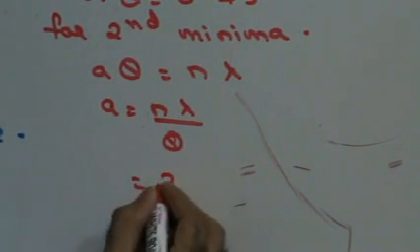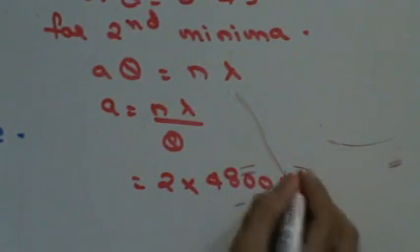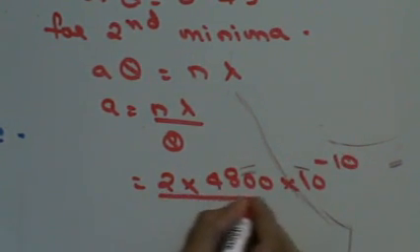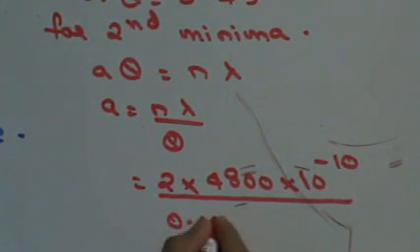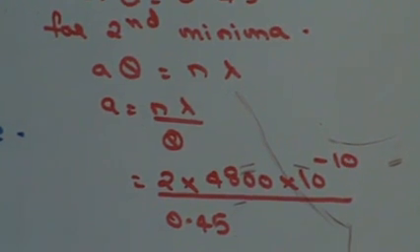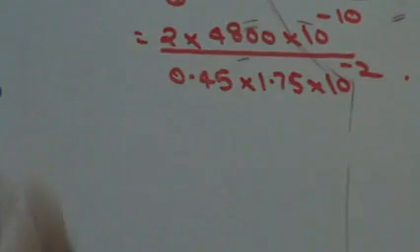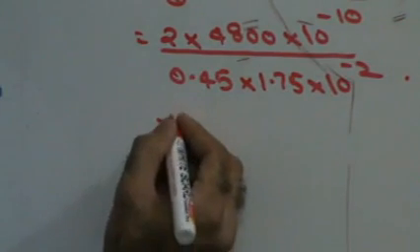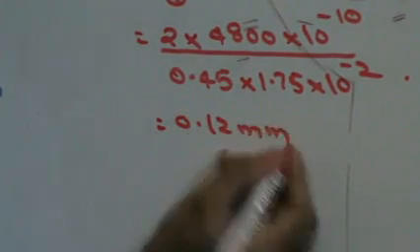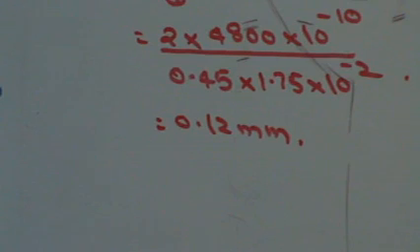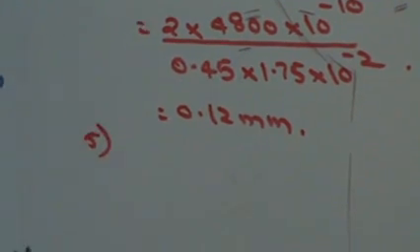N, second minima, 2, lambda, wavelength of light, 4800 into 10 raised to minus 10 upon theta, 0.45. It is in degrees. Convert this back into radians. If I convert this back into radians, this will be 1.75 into 10 raised to minus 2. Simplify this, you will get the width of the slit. You will get this answer as 0.12 millimeter. Right, that's how you will get the width of the slit. Next, take on next one please.